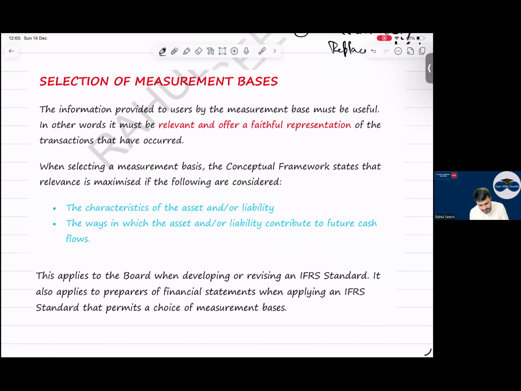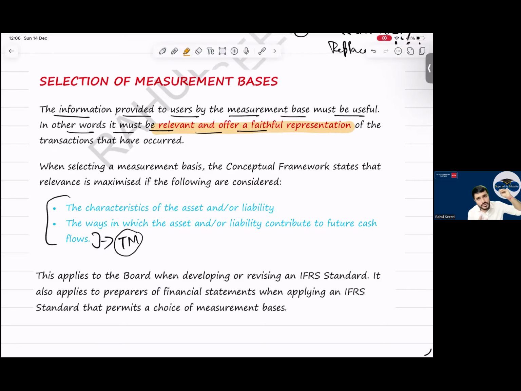Very important. Again, this blue color part is important for your technical marks. Let us first understand this one. Selection. The information provided to users by the measurement basis must be useful. In other words, it must be relevant and offer a faithful representation. Can I say again that only is coming into picture? In recognition also we have seen that only, relevant and faithful representation.